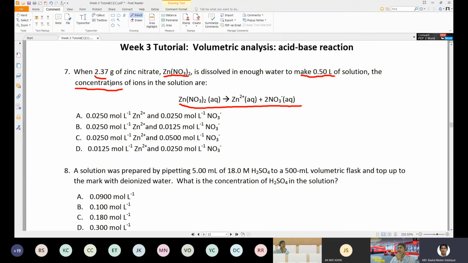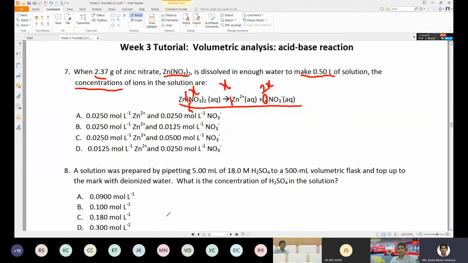One thing to note here is that when zinc nitrate dissociates or breaks down, it produces 1 zinc ion and 2 nitrate ions. So if X mole of zinc nitrate is there, X mole of zinc and twice X moles of nitrate will be there, right? This is quite interesting and important to note.